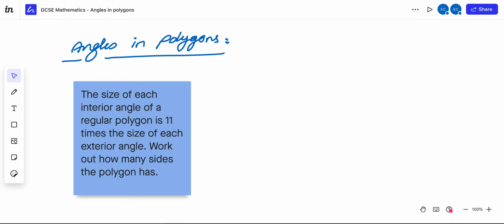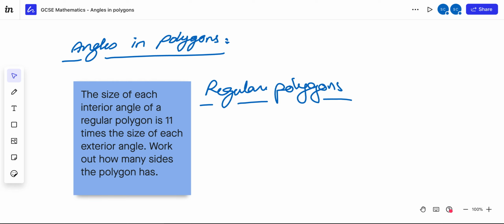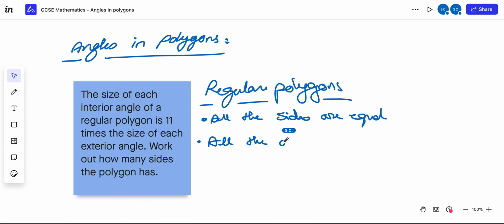One thing special about regular polygons: all the sides are equal, and all the angles are equal.